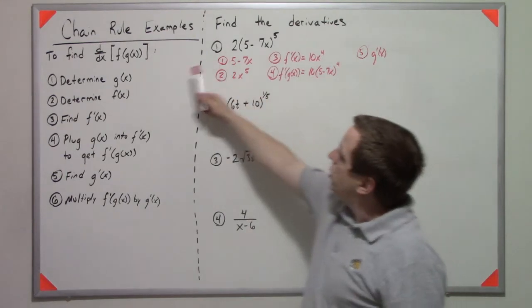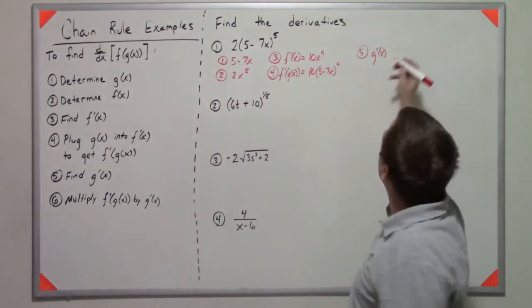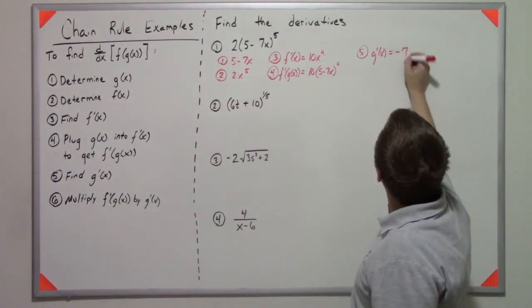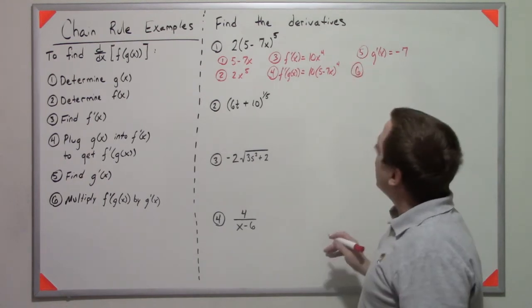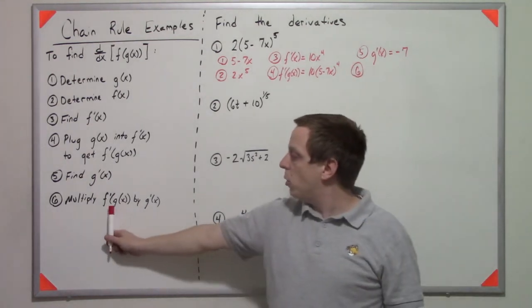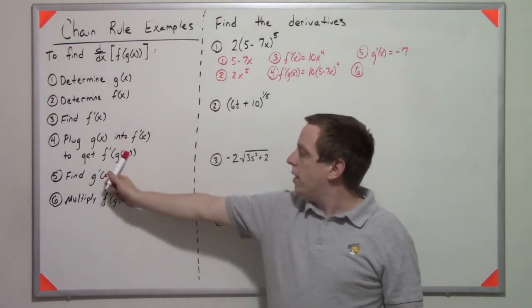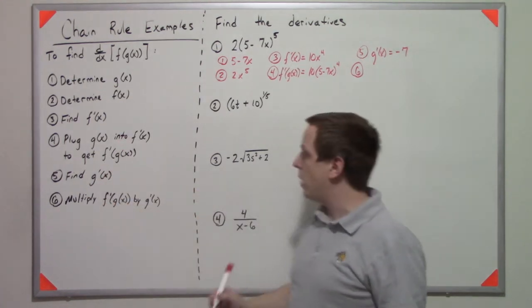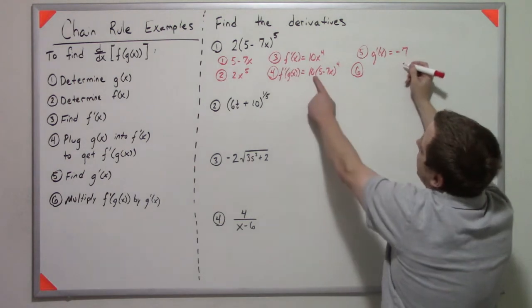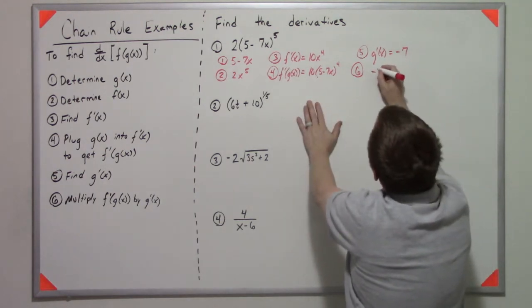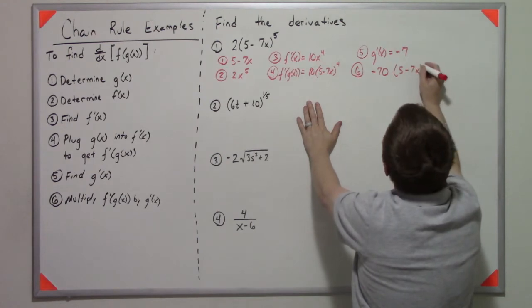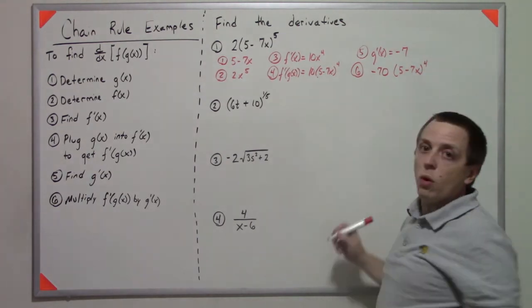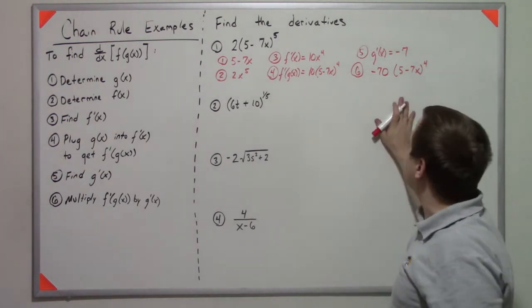Well, g is 5 minus 7x, so g prime is negative 7. And finally, I have to multiply what I get from here to what I get from there. So negative 7 times this is negative 70 times 5 minus 7x to the 4th. And that's how we get that particular answer.